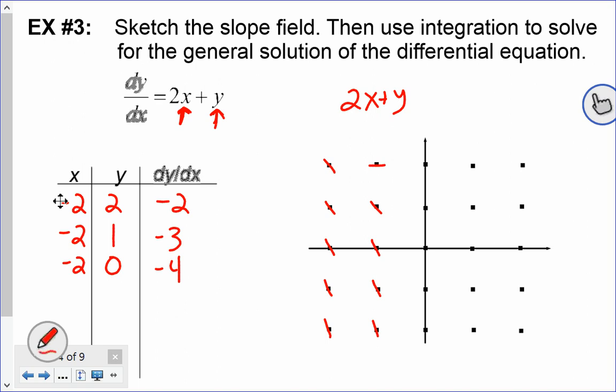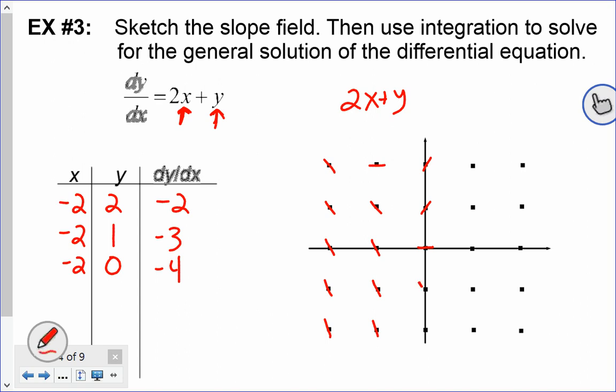So if I plug in 0, 2, for example, so 0 for x, 2 for y, I'm going to get 2. So now I have a positive slope of 2. If I do 0, 1, I'm going to get 1. If I do 0, 0, I'm going to get 0. And if I do 0, negative 1, I'll get negative 1. And then I'll get negative 2.